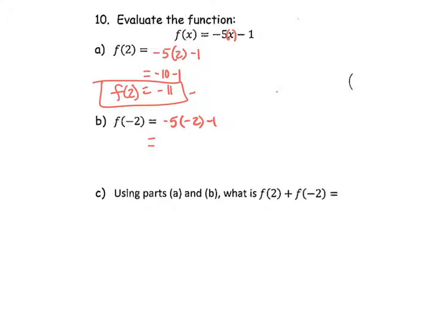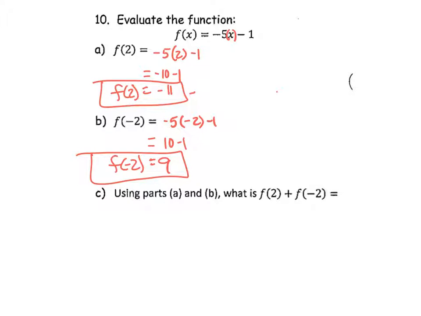Okay, and what do we get? f of negative 2 equals what? I can't hear you guys. So f of negative 2 equals 9. Okay.